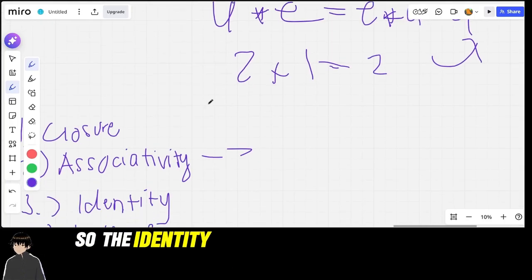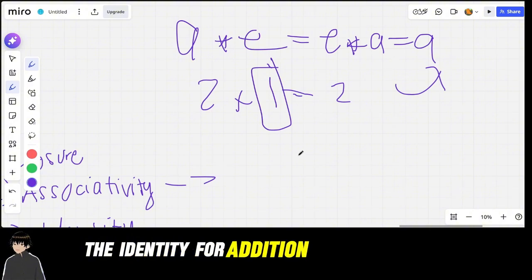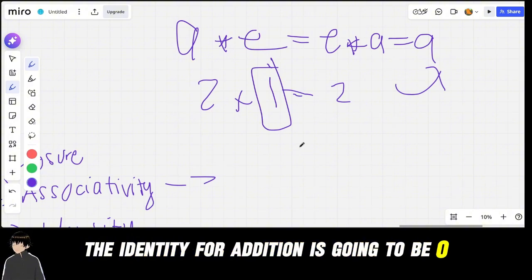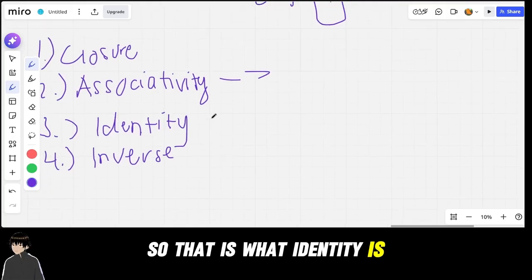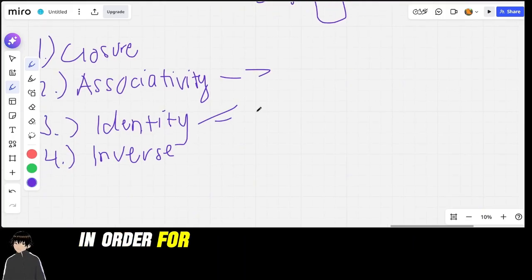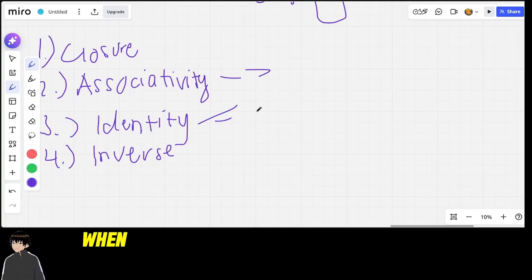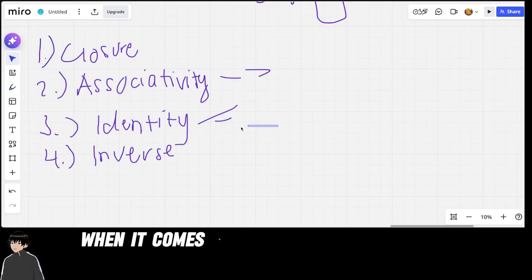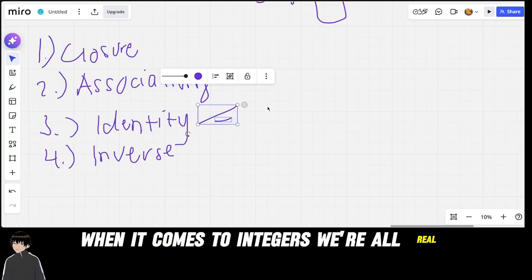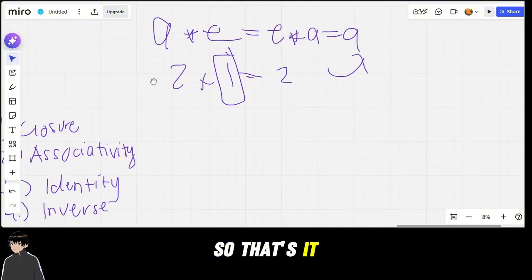So the identity for multiplication is going to be 1. The identity for addition is going to be 0. So that is what identity is. That property should be considered in order for you to validate if something is a group in abstract algebra, when it comes to sets, integers, and real numbers. So that's it.